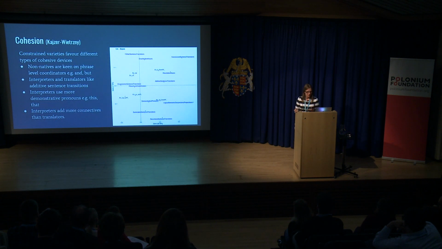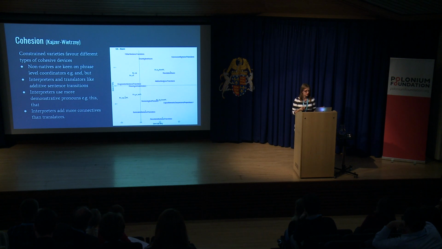And what I found out is that constrained varieties, that is non-native speech and translations and interpretations, do use cohesive devices differently than native speakers. But the trends are not exactly the same. They favor different types of cohesive devices.